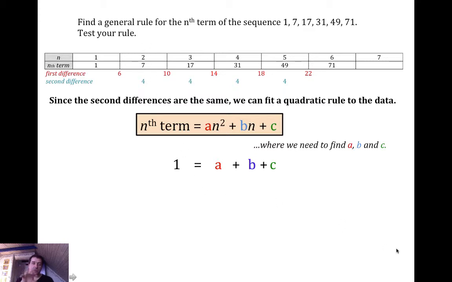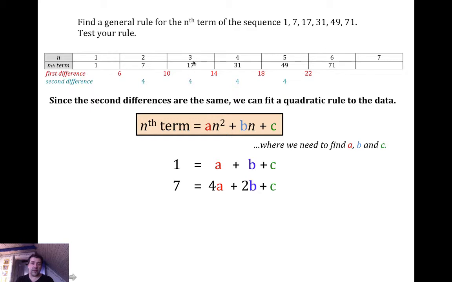So if we plug all that in to this, we get 7 equals a times 2 squared plus b times 2 plus c, which we can simplify a bit to 7 equals 4a plus 2b plus c. And then we can do that with the third one.